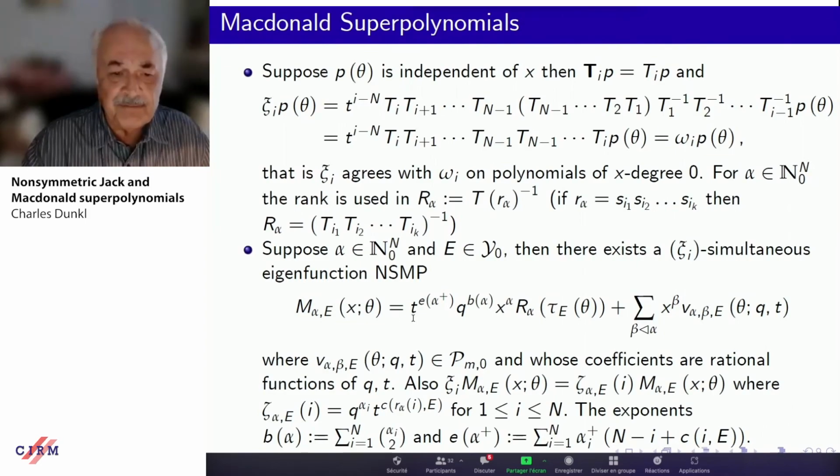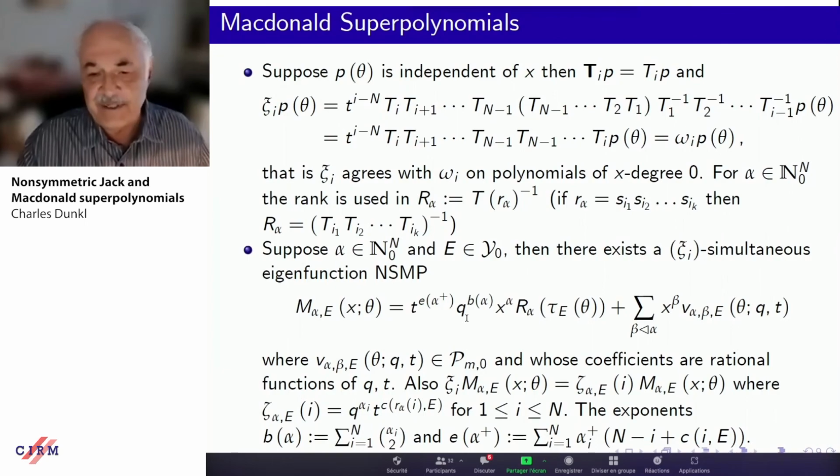It has some nuisance powers of t and q. You have to chase them around through the various steps. There's the labels for the exponents down at the bottom. The important part is x alpha and then R alpha acting on the tau e. And then there's the sum over multi-indices dominated by alpha.